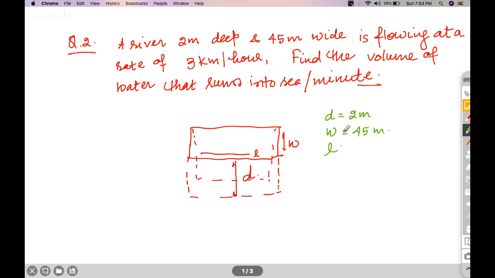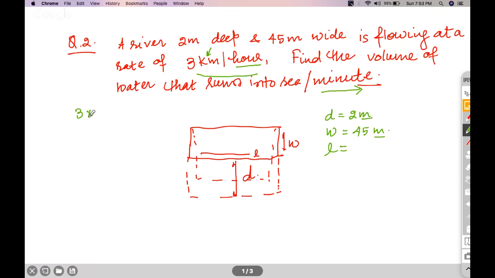For length there has been data given, which is 3 kilometer per hour. And what I need to find is the volume of water per minute. So first I need to convert this kilometer into meter, because all other dimensions are in meter. Here I have been given the rate per hour, and I have to find the rate per minute. So I will convert this into meter per minute.